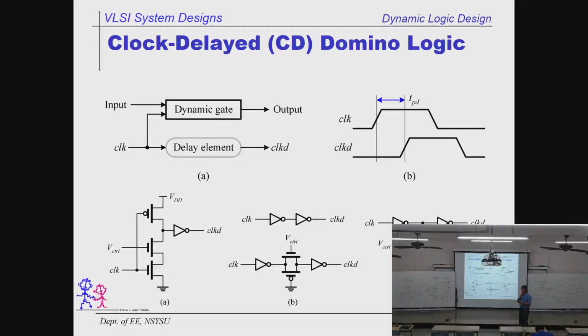You can tune the delay. So there are 3 ways that you can generate the delayed clock. Okay, 1, 2, 3. A lot of students adopted the second way. Okay, use a transmission gate, and that's fine. Okay, and this one is more brilliant because you can change the size of the capacitor to generate the delay you like.